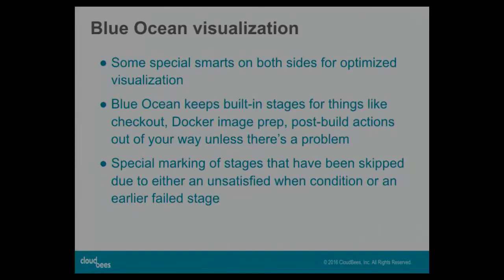Every single build you run will show every stage that's in the execution model in Blue Ocean, even if they didn't run that time. So even if the build failed on the first stage, it'll still mark that the second, third, and fourth stages existed. It's just they won't have done anything, and they'll be displayed in a special way so that you can see that they were just skipped.